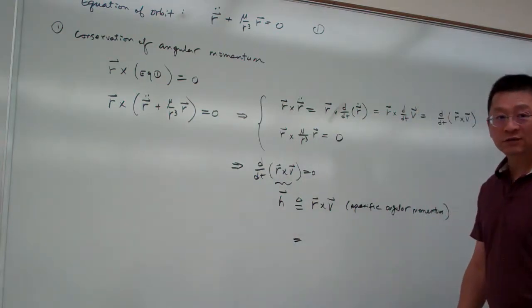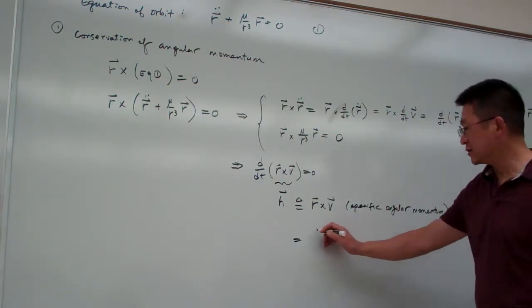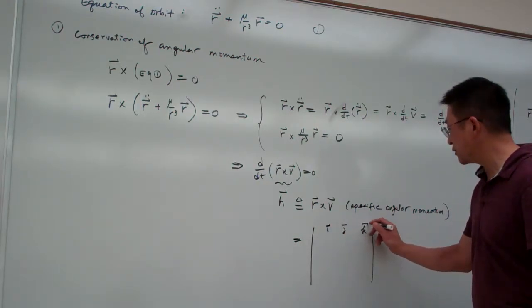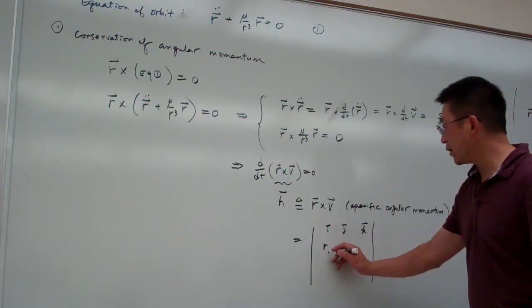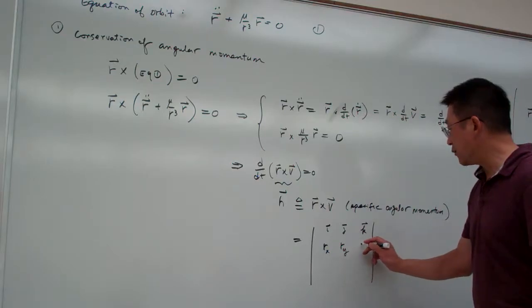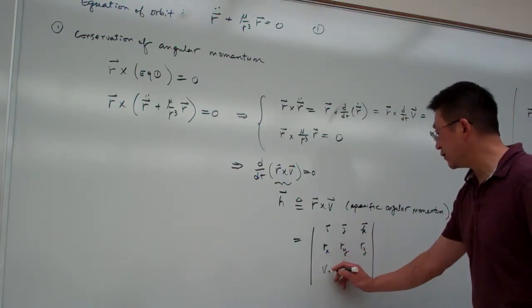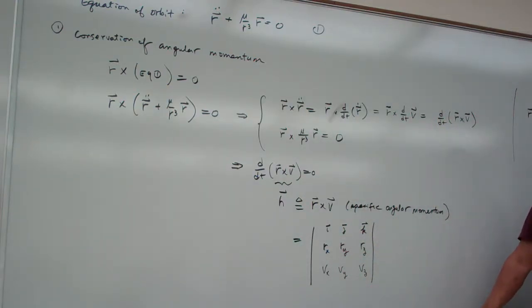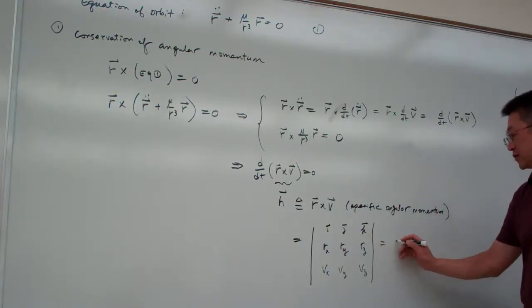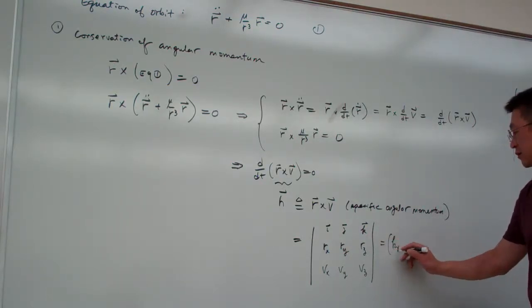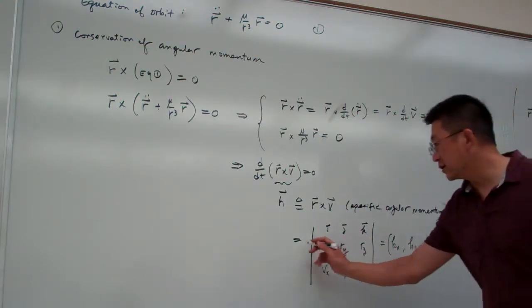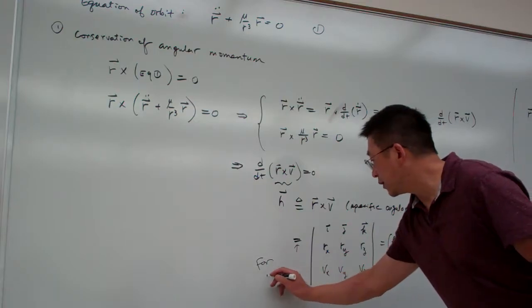And for calculations, for example, if you use Cartesian coordinate systems, you can try this, where ijk are the unit vectors in the Cartesian coordinate system. Then for r, for example, you have the coordinates rx, ry, rz, and for v you have vx, vy, and vz. Then you can take these manipulations to find the three components, say hx, hy, and hz in three directions.